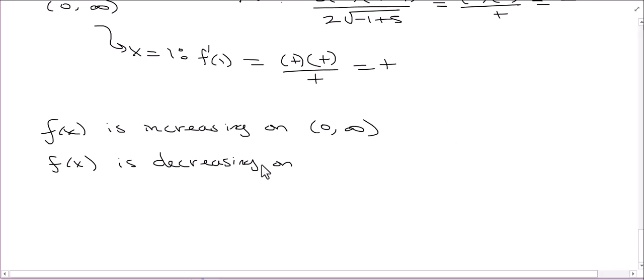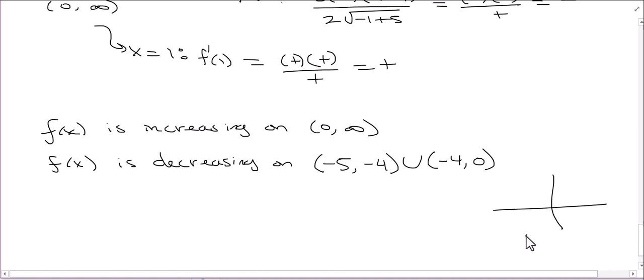So let's see. So f of x is decreasing on, we're going to say -5 to -4 and -4 to 0. At -4, the derivative is equal to 0, so it's neither increasing nor decreasing. What I imagine is happening there is you probably have what is called a saddle, kind of like with the cube root of x, right?